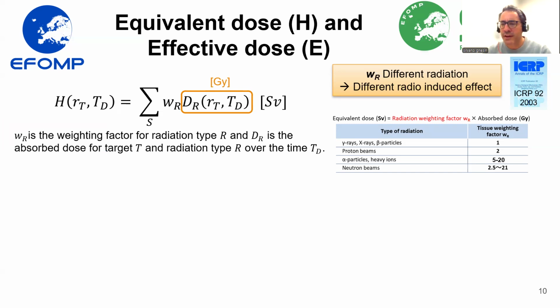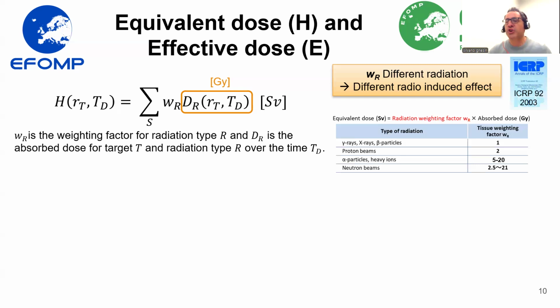As you can see, these radiation weighting factors vary from 1, which is the case for X-rays and beta particles, to 20 for alpha particles and heavy ions, up to similar values for neutron beams. These values are according to the present knowledge, at a certain time, of the radio-induced effect of a given radiation.